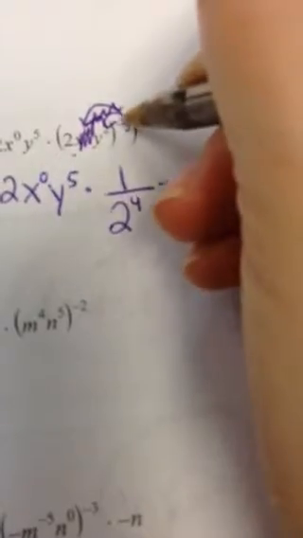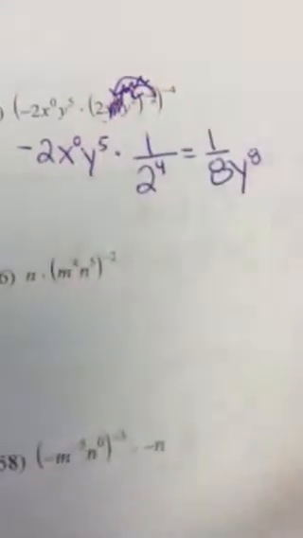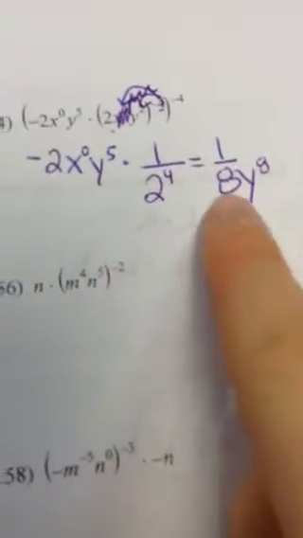Negative 4 times 0 is 0, so this goes away. Negative 4 times 2 is a negative 8. So I would get y to the positive 8 if I put it in the denominator. So basically, this whole thing becomes 1 over 8y to the 8th power.